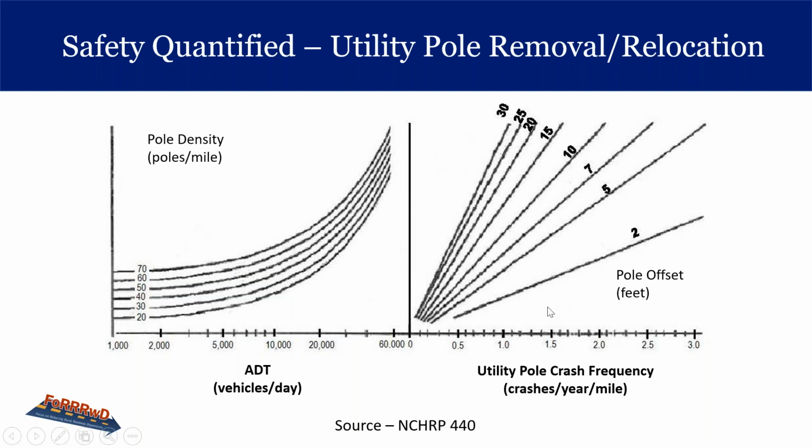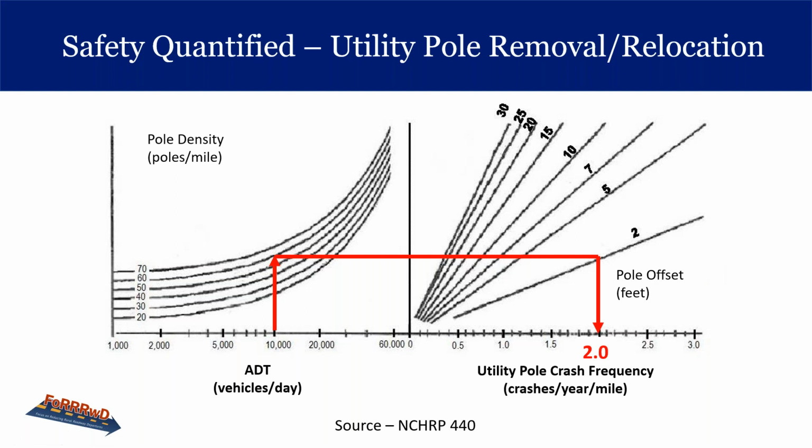So if we look at the example here, if the base case is if we have a roadway with 10,000 average daily traffic and a pole density of 60 poles per mile, so there's where we shoot across like that. And then the poles are offset at an average of 2 feet. So this is what we're dealing with here with the red.